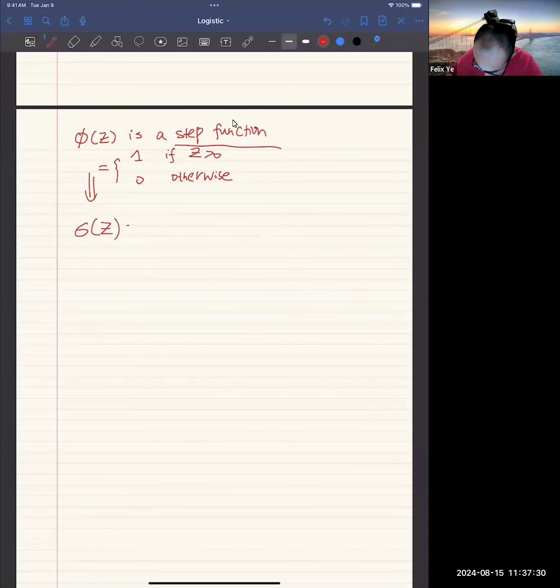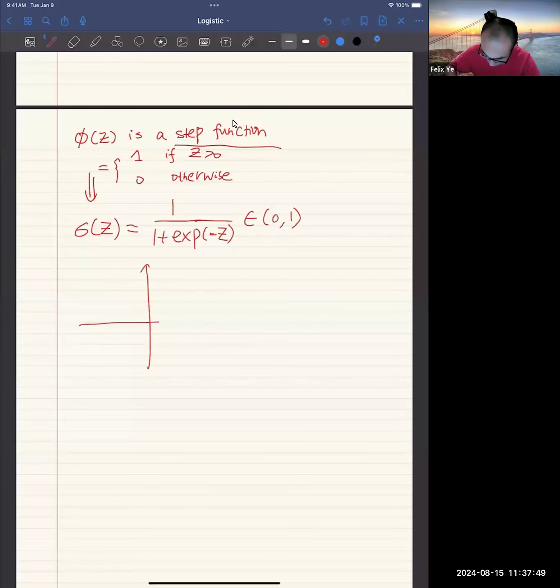This function is defined as follows: sigma of z is 1 over 1 plus exponential of minus z. The value of this function is between 0 and 1. You can think about the function as looking like this. It asymptotically goes to 1 here, and at the point 0, the value is evaluated at 1/2.